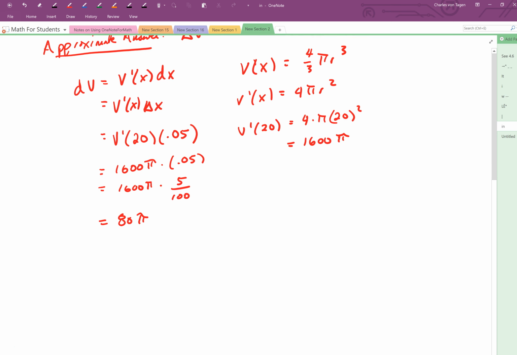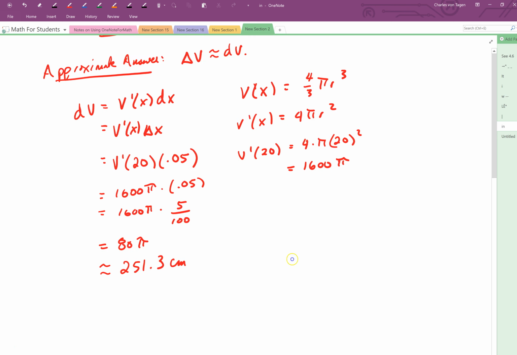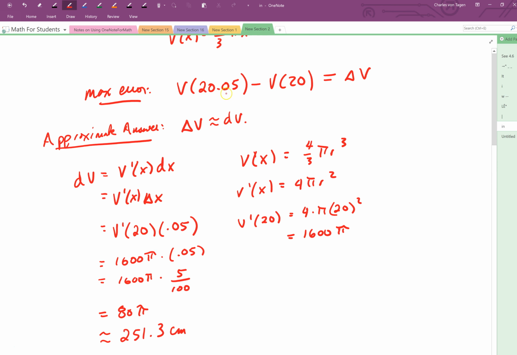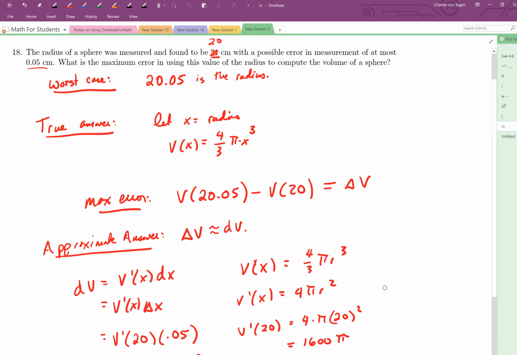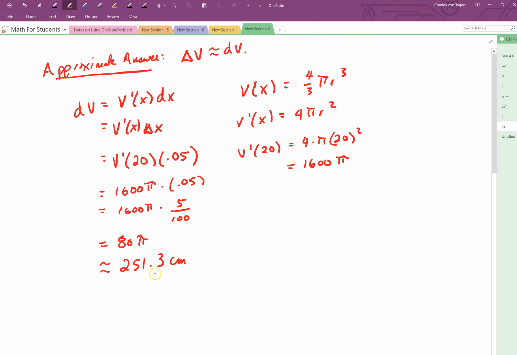I did crunch this beforehand, just so you know. This is approximately 251.3. So in terms of our error in the volume, having a radius calculation off by a maximum of 20.05 could lead to a difference in the volume of 251.3 centimeters cubed.